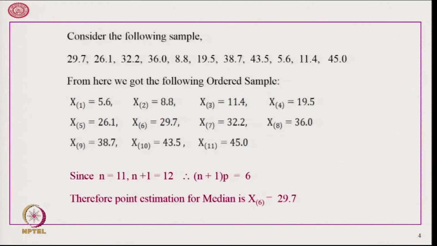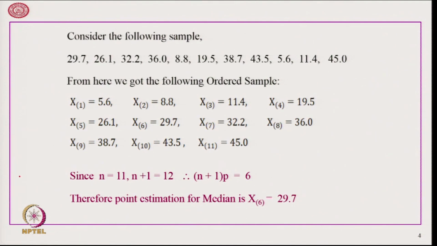So, consider for example, this set of data. There are 11 data points 29.7, 26.1 up to say 11.4 and 45. From here, just to recollect, we take the ordered sample, that is we sort them in increasing order.